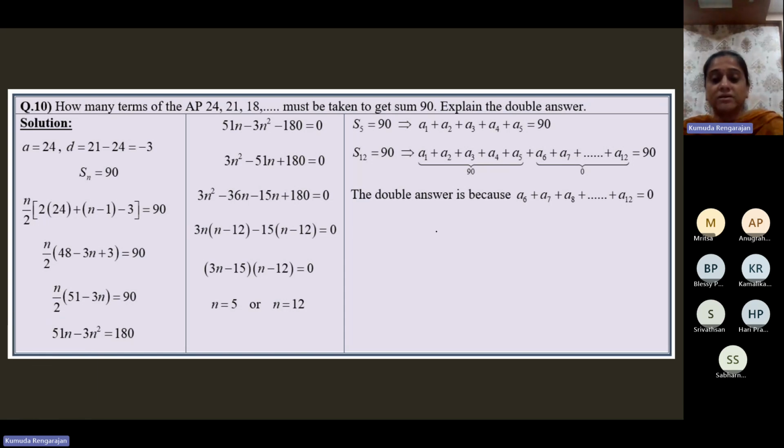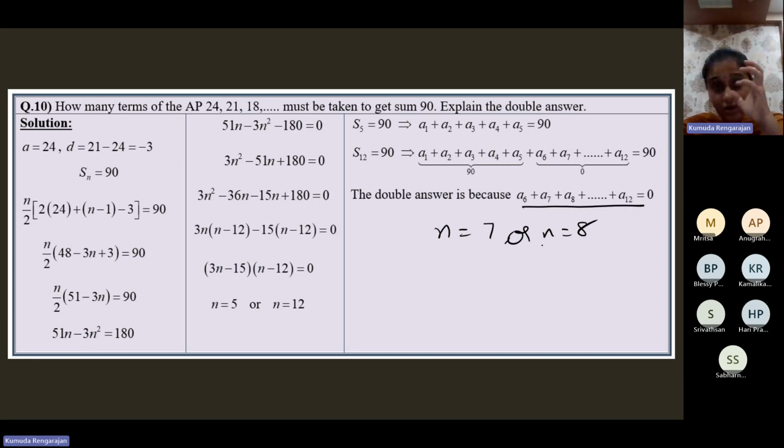Sometimes you will get n as 7 or 8. So these are the two cases, like either you don't have consecutive values for n. n is 5, n is 12. 5 and 12 are not consecutive numbers, right? So either you have this difference in the two values for n. In that case, the reason will be something like this.